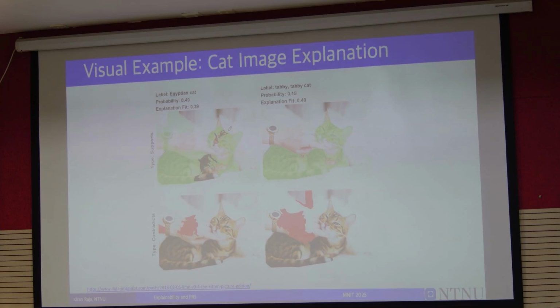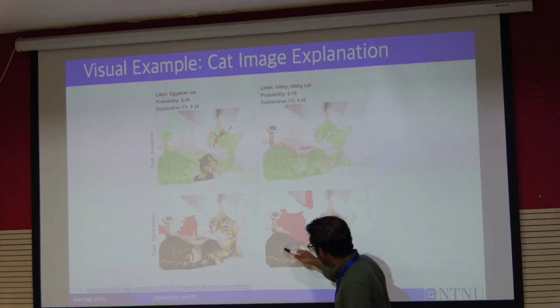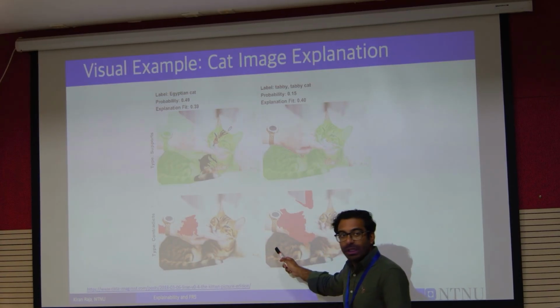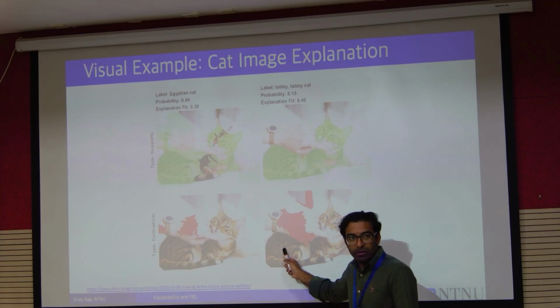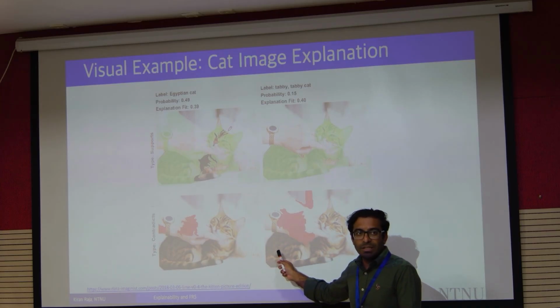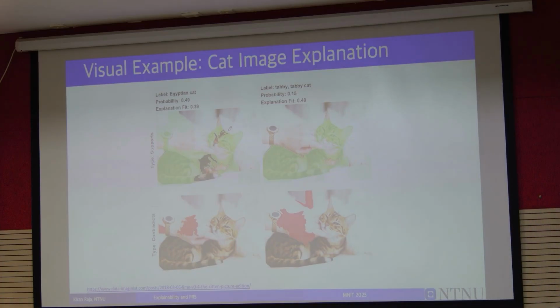For instance, if I have this cat, and I insert some random fur here, instead of this brownish fur, if I introduce some black fur, maybe it makes some sense. But if you introduce some green fur, then it doesn't make any sense, right? Unless the cat has been painted by somebody, which is very unlikely. So what we're talking about is keeping the contextual meaning and keeping the semantic meaning.